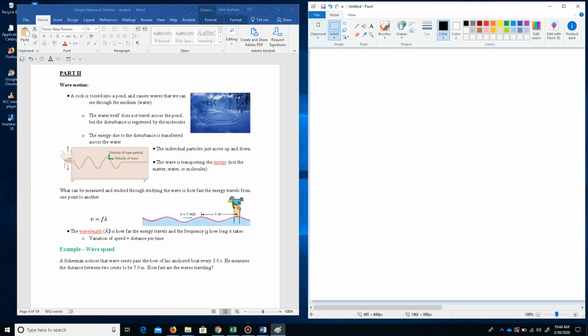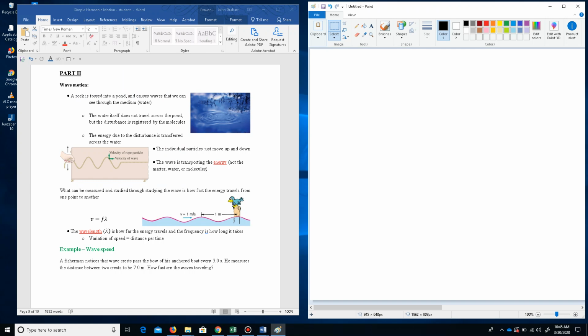As this rock hits the pond, it has a certain amount of energy, and it's going to impact the water with that energy and create an impulse. That impulse is basically creating a force inside the water, and that force will carry out in all directions as the impulse transfers from one particle of the water to the next.